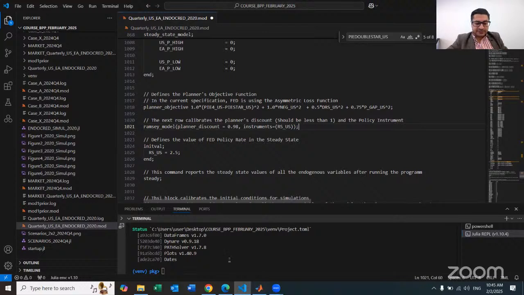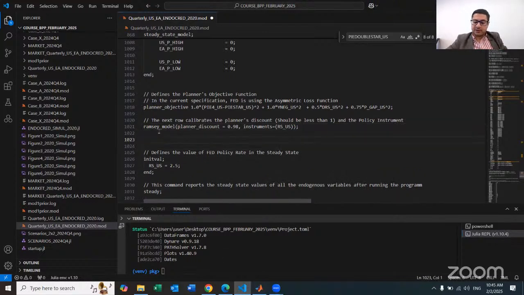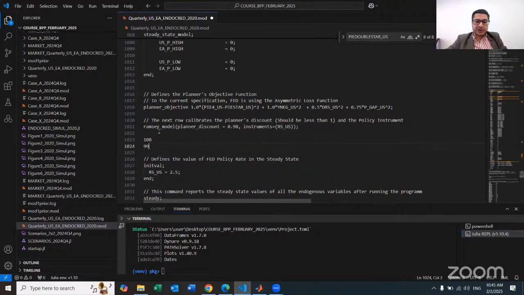Let's say we have 100 variables, and up to this point we have 99 equations, right? Now we need another equation.